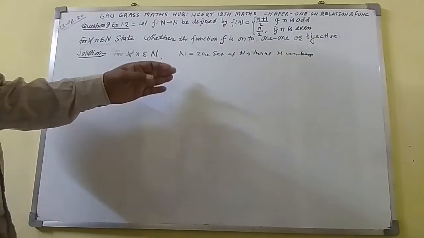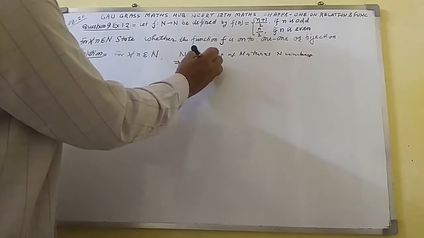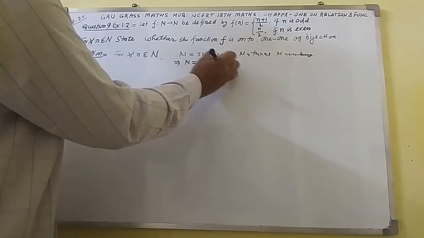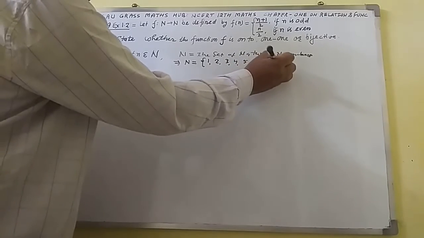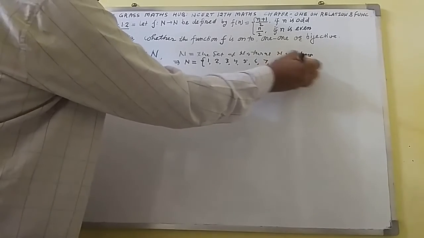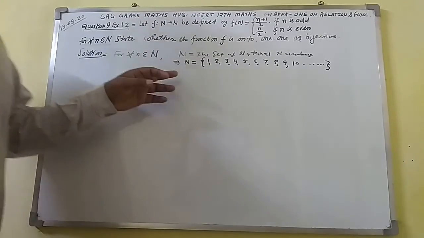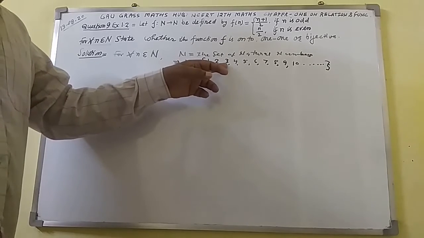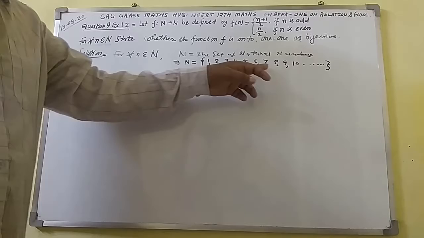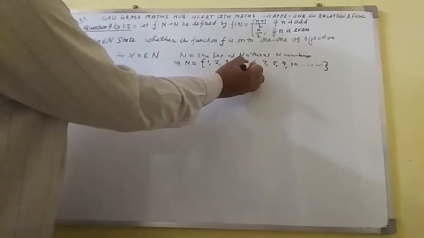So here I can write N = {1, 2, 3, 4, 5, 6, 7, 8, 9, 10, ...}. So capital N is the set of natural numbers that I have defined.